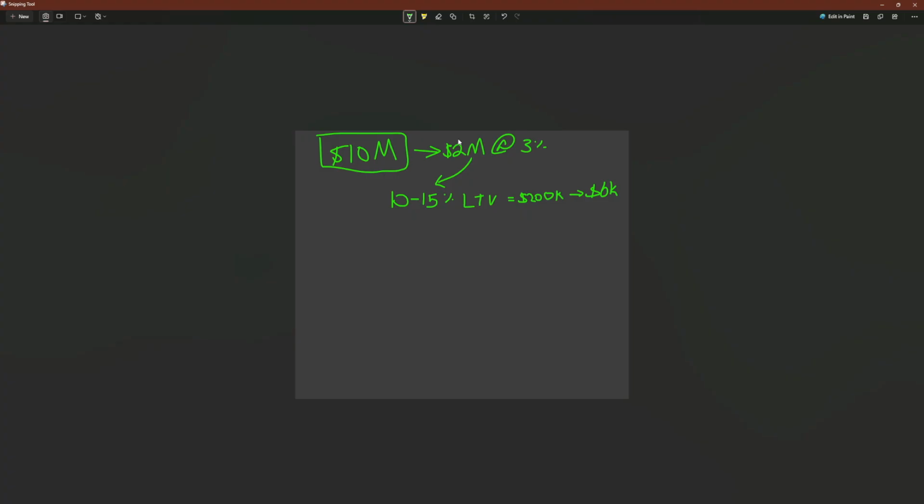But in this case, you're not going to lose all $10 million. If you default for some reason, let's say you get in a horrific accident and you're laid up in a hospital bed for 10 months and you somehow pull through, you're not going to lose all 10 million. When you take the securities-backed line of credit out, you have some rules to follow, and so do they. You're only authorizing them to liquidate what's necessary to repay the amount you've borrowed. If you borrow 200K, you draw that credit up to 200K to keep it below that 10% LTV.